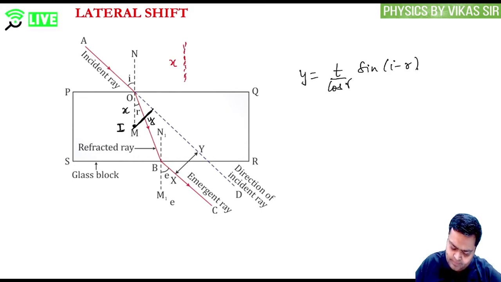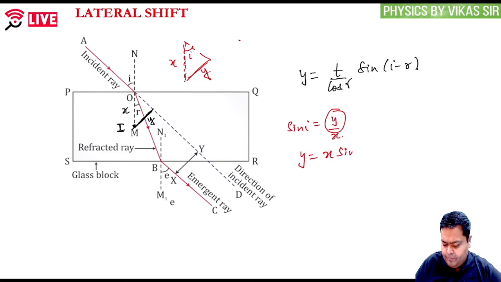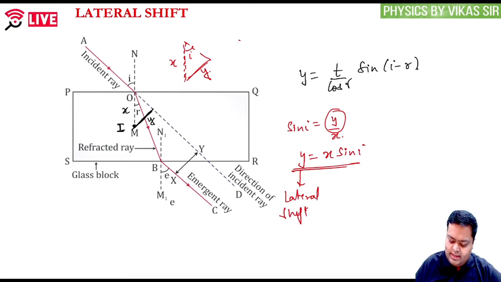So this is x and this is y. This angle over here is I. So using sine of I, that becomes equal to y upon x. So I can relate the y with the x. Here y is the lateral shift and x is the normal shift.